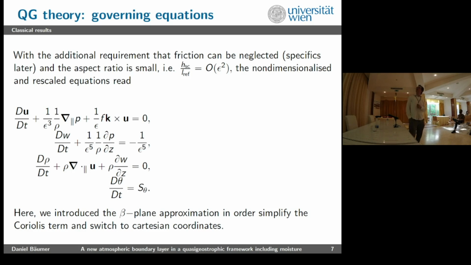So it means we linearize the Coriolis term, and we can now proceed in Cartesian coordinates, which is of course a great advantage, because in spherical coordinates the calculations will be a lot messier most of the time.